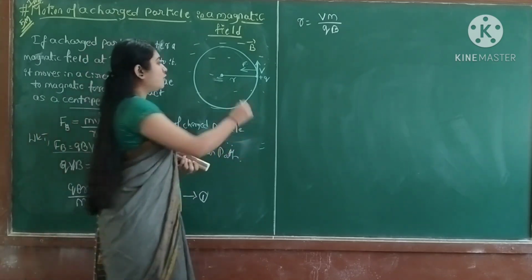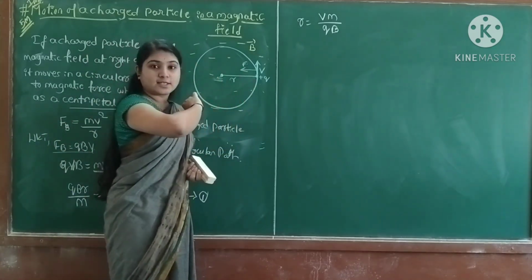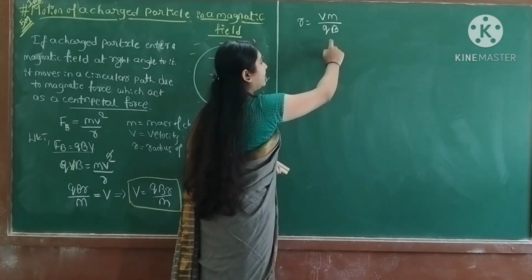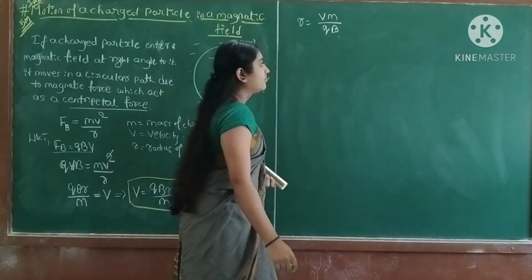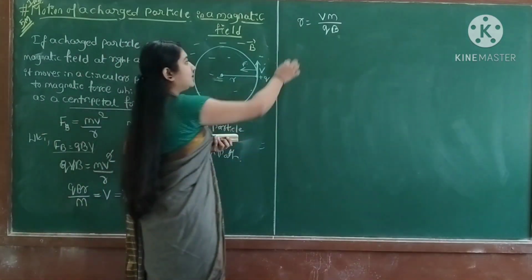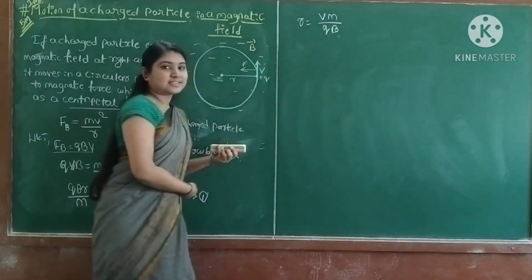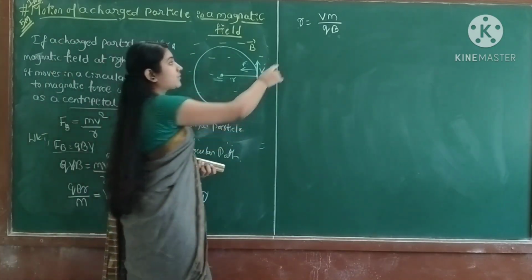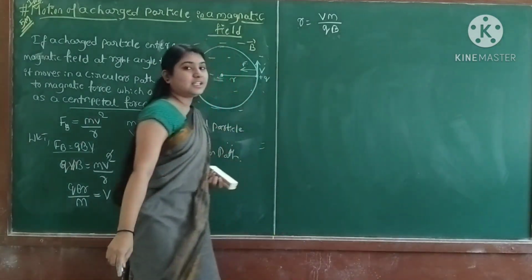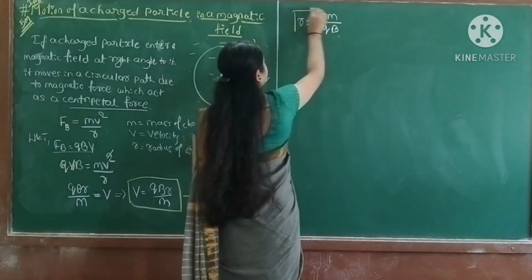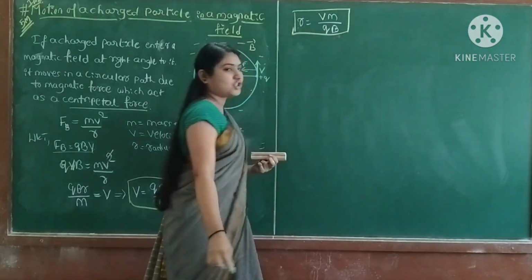Velocity into mass divided by charge into the magnetic field. So what will happen now? As radius increases, does the magnetic field increase? No. Why? Because they both are inversely proportional to each other.